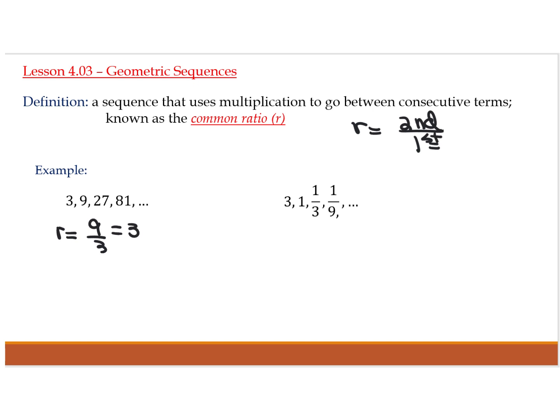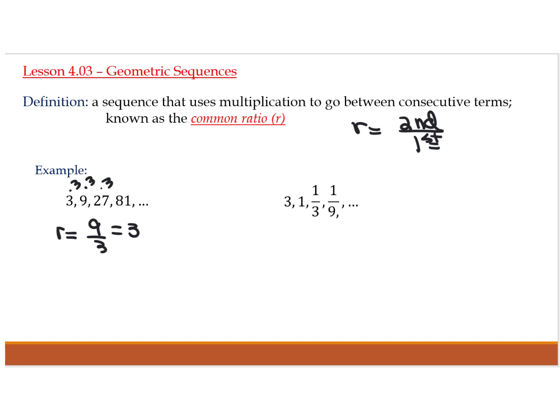So this is a geometric sequence because if I multiply each term by 3, it will give me the next term. 3 times 3 is 9. 9 times 3 is 27. 27 times 3 is 81.